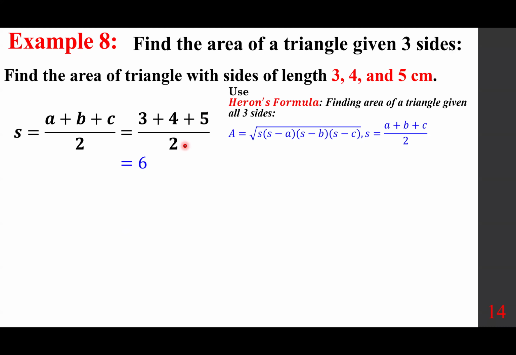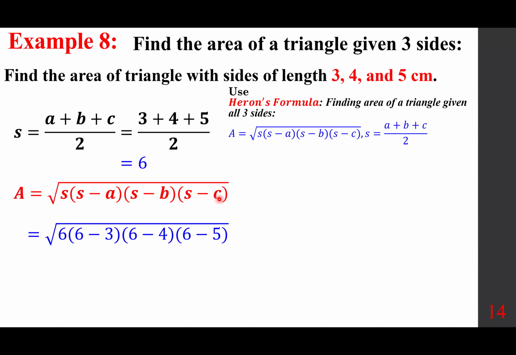Now putting it into the formula, you put 6 here, 6 minus 3, 6 minus 4, 6 minus 5. This is 3, this is 2, this is 1. Their product is 36, and as you know, the square root of 36 is 6 centimeters squared.